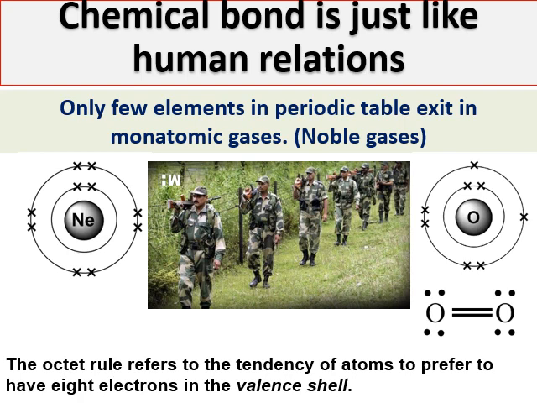Now, one oxygen atom shares 2 electrons with the second oxygen atom. Then the second oxygen atom also shares 2 electrons with the first one. So each atom contributes 2 electrons, and totally 4 electrons are shared between the two atoms.